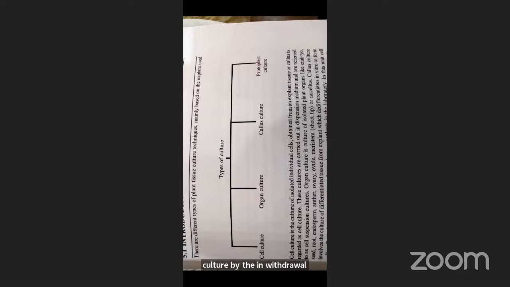In this cell culture, there is isolation of single cells, so it means selection of single cells from the explant. The next is cell culture techniques. There are two cultures: one is the batch culture, the second one is continuous culture.